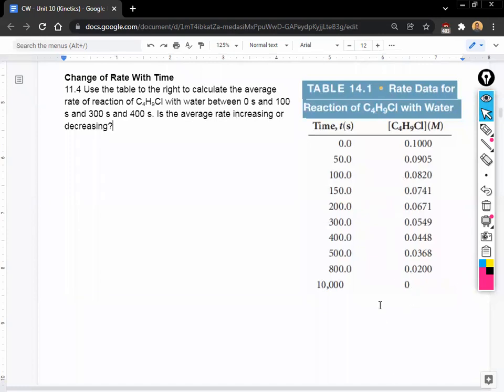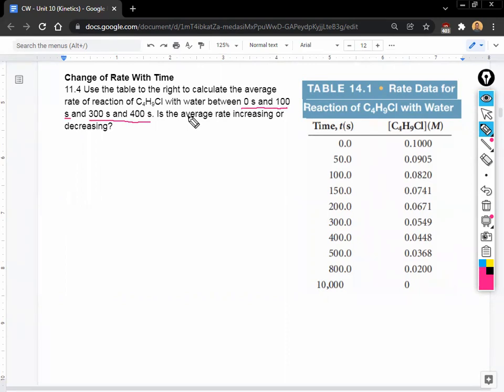Now, what I want you to do is calculate the reaction rate from 0 seconds to 100 seconds. I'm going to do the calculations for the reaction rate from 300 to 400, and we want to see if the rate is increasing or decreasing, because rate is not always the same. It doesn't automatically always go at the same rate; it's going to change over time.